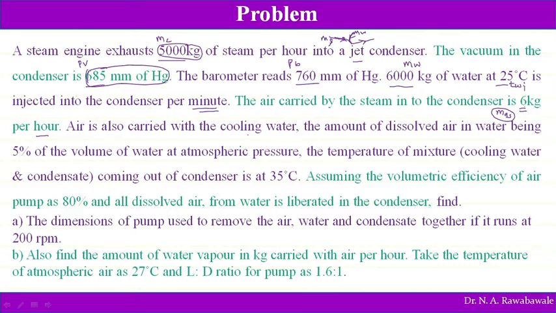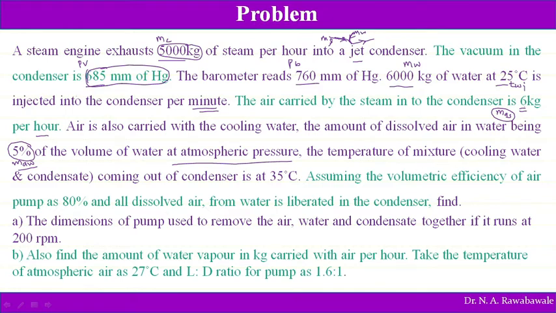Air in the water being 5% of volume of water at atmospheric pressure. So it is not given directly; mass of air entering along with the water is given in terms of percentage of volume of water. So it is 5% of that volume of water.